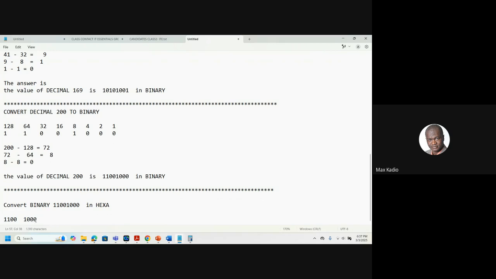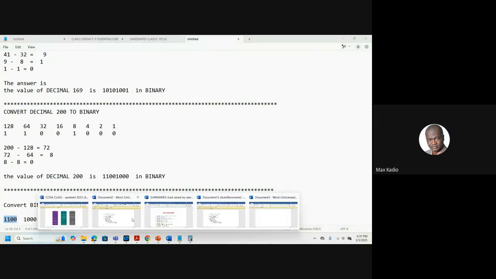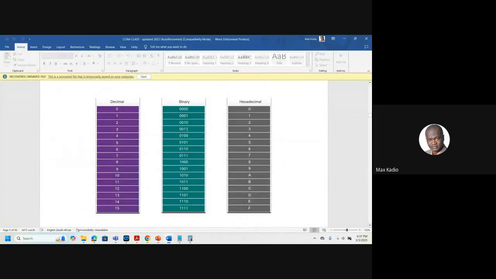So now, when it's cut in half, you check your table. 1100. You check your binary, 1100 is here.